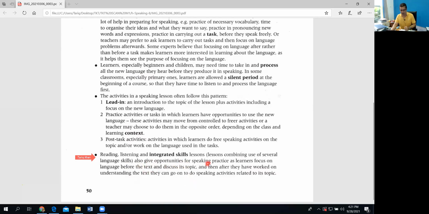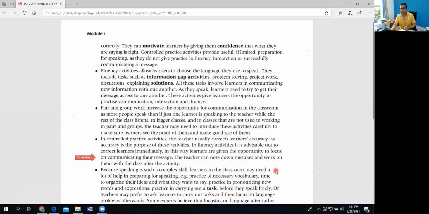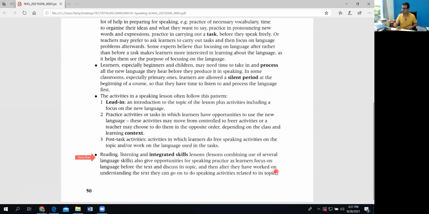Also give opportunity for speaking practice as learners focus on language before the text and discuss the topic. And then after that, they have worked on understanding the text. They can go on to do speaking activities related to this topic. So like integrated skill, as we discussed before also, you do listening part, and after that, what you listen, you can talk about it, you can write about it.